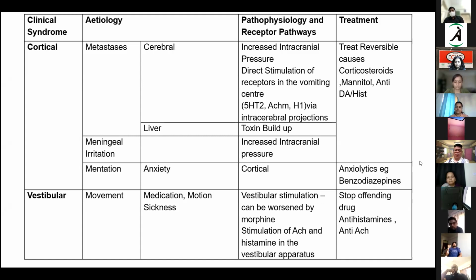Suppose it is raised ICT, it is direct stimulation of receptors in the vomiting center because of certain brain lesions, or the patient is undergoing whole brain radiotherapy, triggering nausea and vomiting. Therein you might have to consider medications either to reverse the particular cause, or add medications which work around 5-HT, histamine or dopamine receptors.